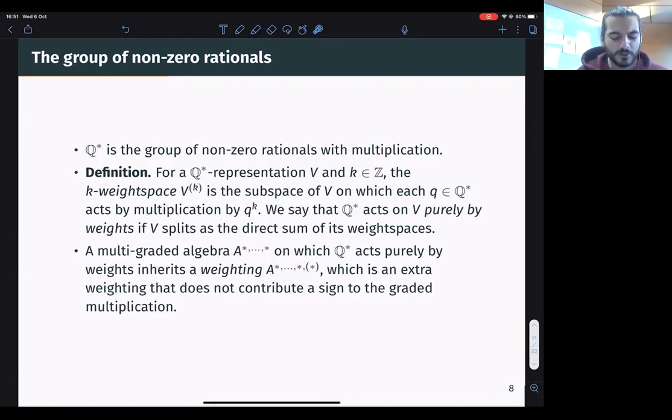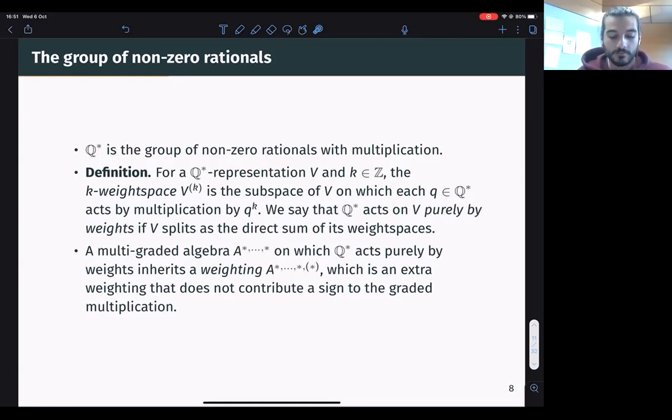This might not necessarily be automatic. I'm not sure. Somebody might know more about Q representations than me right now. That might always be the case, but I don't know. Anyway, suppose I have a multi-graded algebra on which Q star acts by algebra automorphisms, and it acts purely by weights.